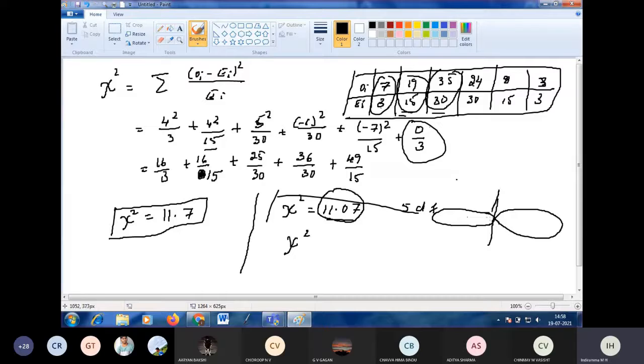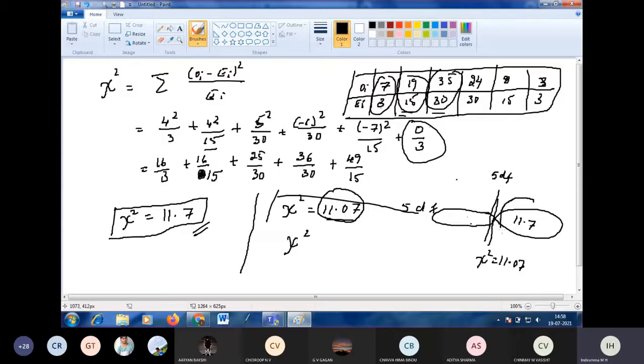So they have given the boundary that at 5 degrees of freedom, the value of chi-square is 11.07. We have to see whether the value we got is less than the given value of chi-square or greater than the given value. So 11.7 is greater than 11.07.